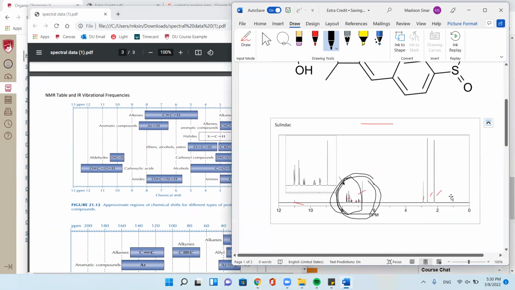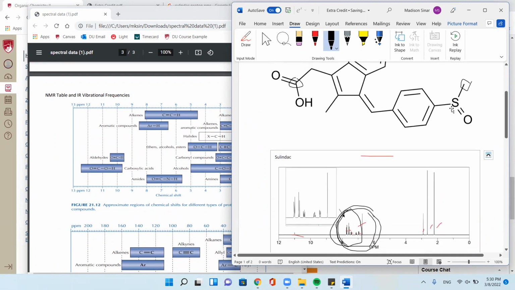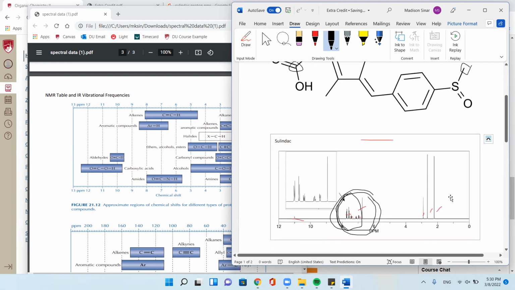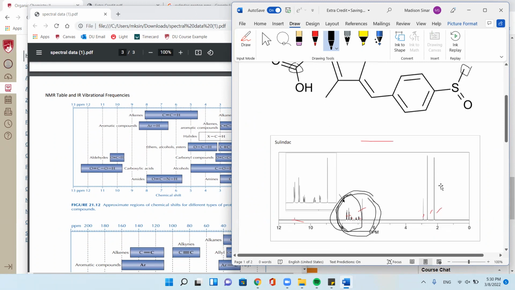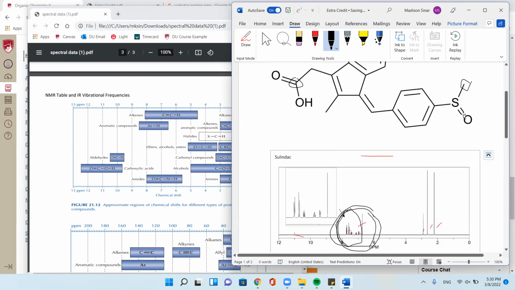If we scroll down here, we see they're all past 2, but that would make sense because it is going to be deshielded because it's right next to this ketone. We can also look, it has 1 signal, so it's going to have 0 neighbors. So all these would really work.